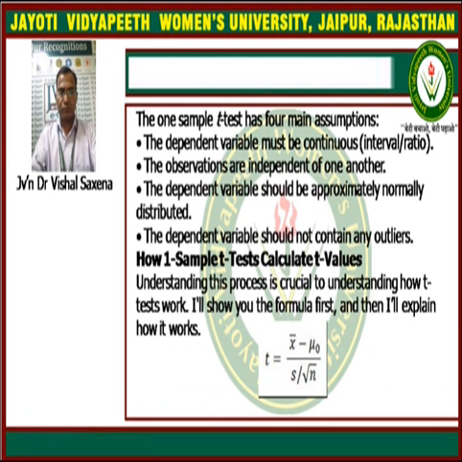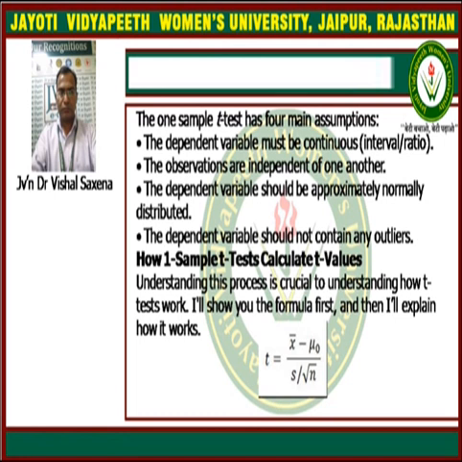Now we discuss the main assumptions. What assumptions should be taken before applying the one sample t-test? The first assumption is that the dependent variable used in this test must be continuous. Second, the observations are independent of one another, so the observations we are taking should be independent from each other.